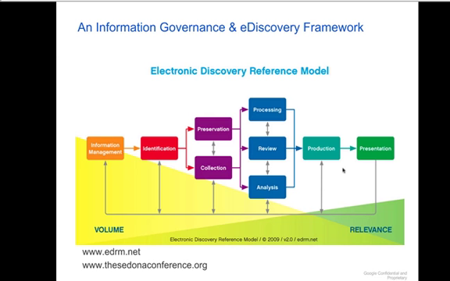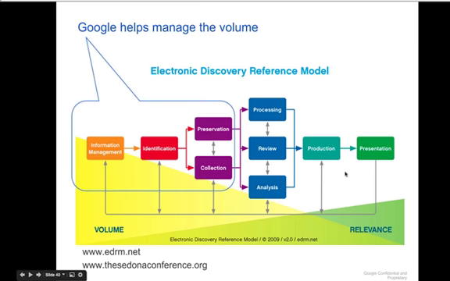So typically, where volume is very high, there are often very few items which are relevant, and the technology that you typically use to manage very high volume data is often different from the technology that you use to manipulate and analyze and present small numbers of highly relevant pieces of information.